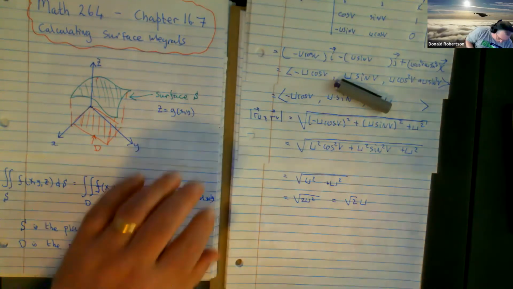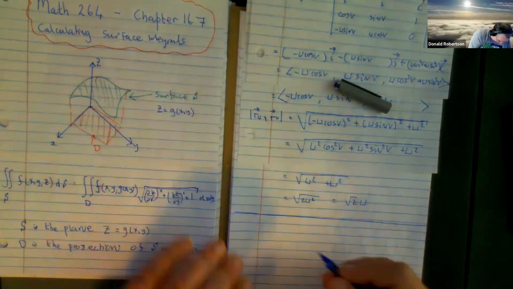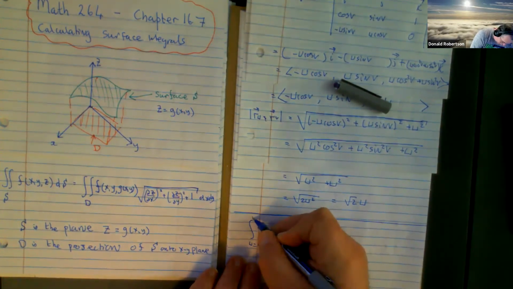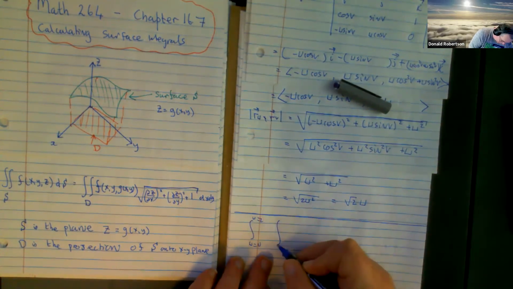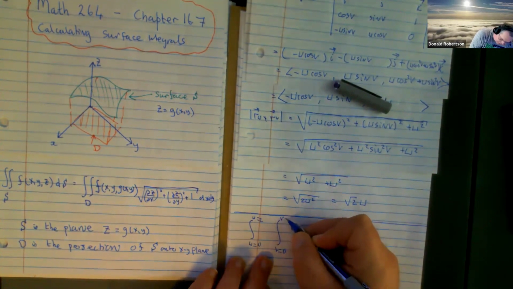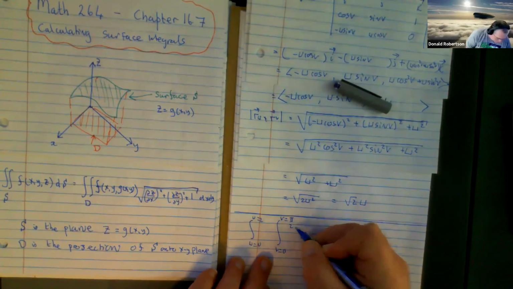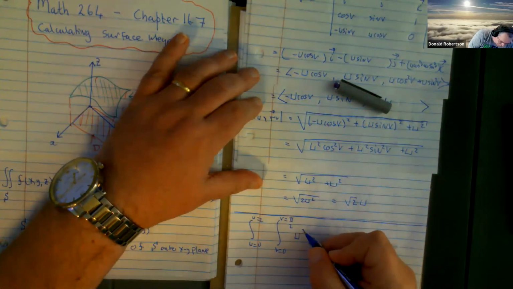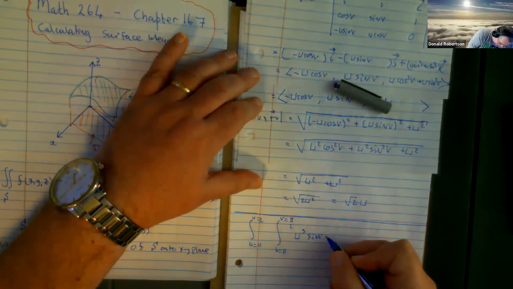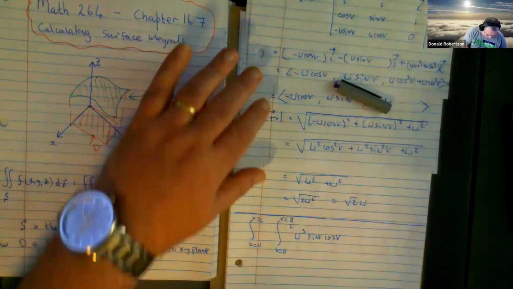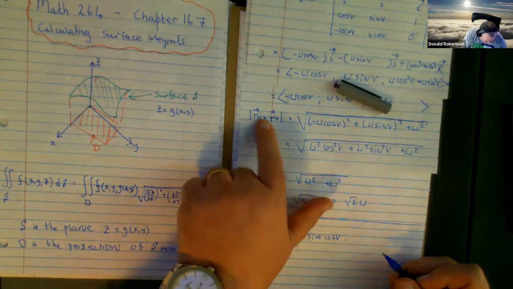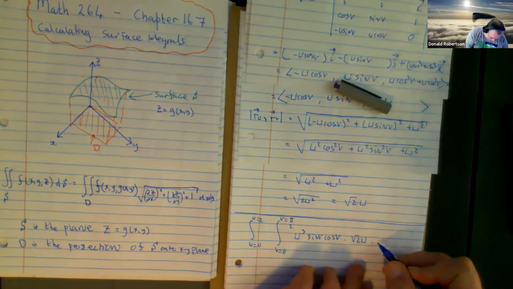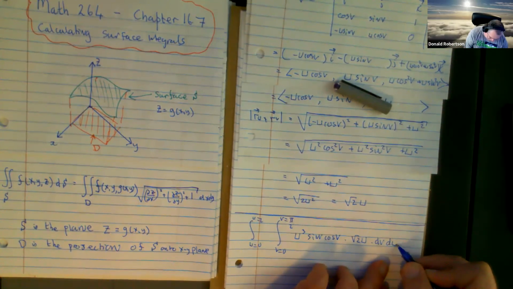So I have all the pieces. We have the integral from u equals 0 to u equals 2, and the integral from v equals 0 to v equals pi upon 2. The function, which was x, y, z, is u cubed sin v cos v. The magnitude of this guy ends up being the square root of 2 times u, and we're going to be doing dv du.